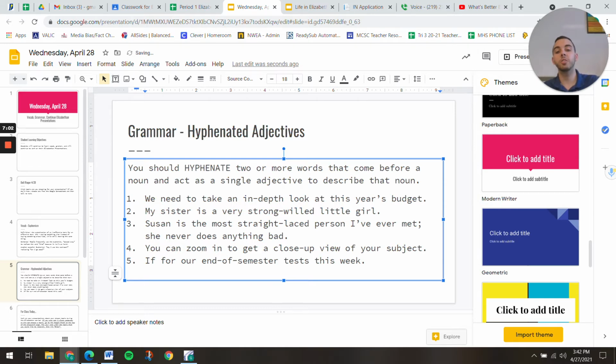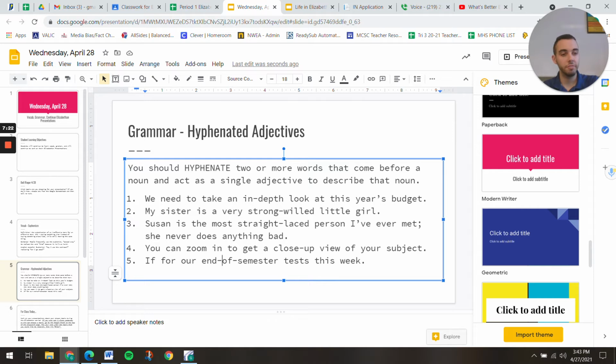So whenever there is a multi-word adjective describing one thing, strong-willed, in-depth, straight-laced, close-up, end-of-semester, multiple words, but when they're combined, they form one adjective, you've got to hyphenate them. So that is our grammar for today.